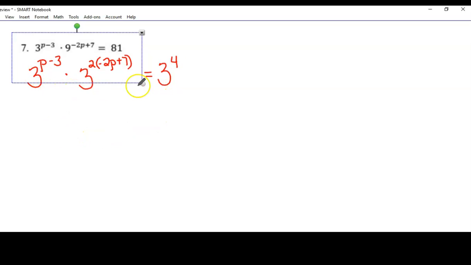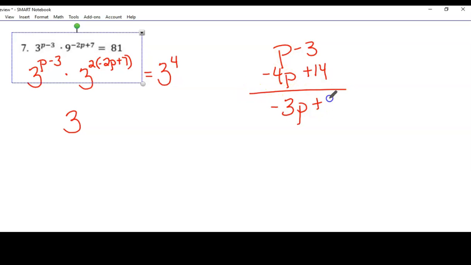So I still can't drop these 3's yet. I need to combine these two first. So let's combine the 3's, and this is going to be, let's see, we'll do this over here. This is p minus 3, and this is negative 4p plus 14. So when I combine those, that's 11.